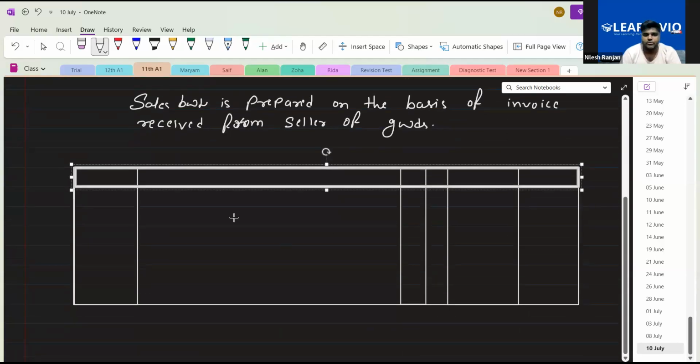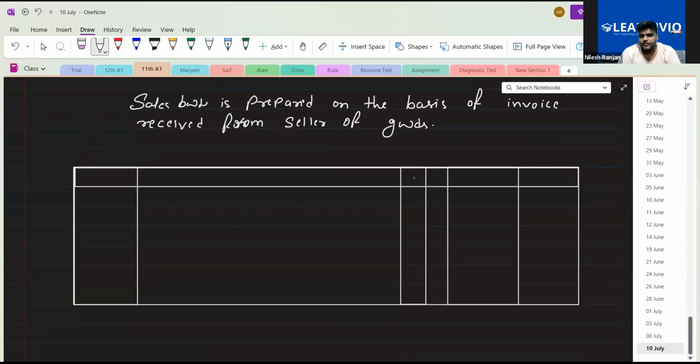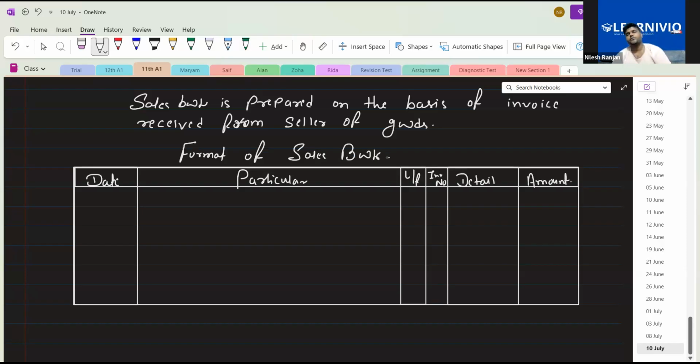Now the same thing is here also: date, particular, LF, invoice number, detail, amount. So this is the format of the sales book. Please write this.